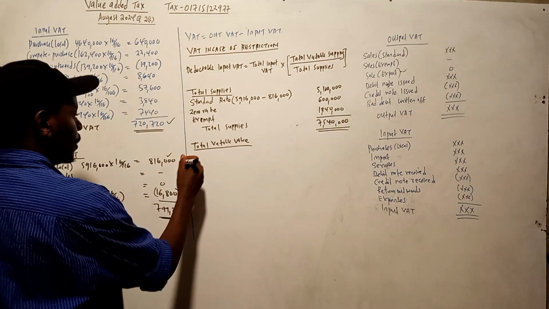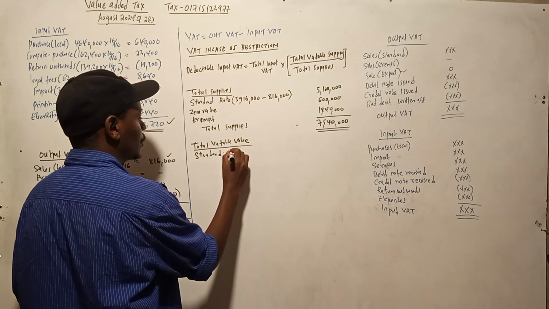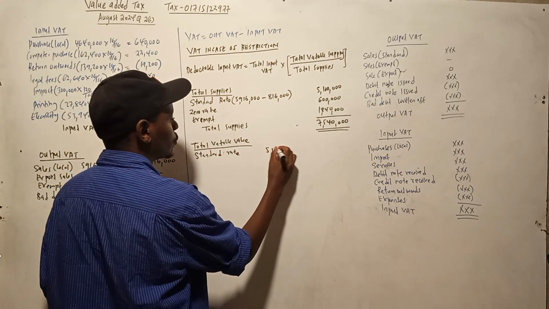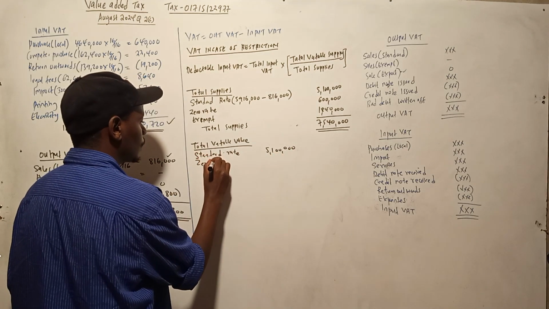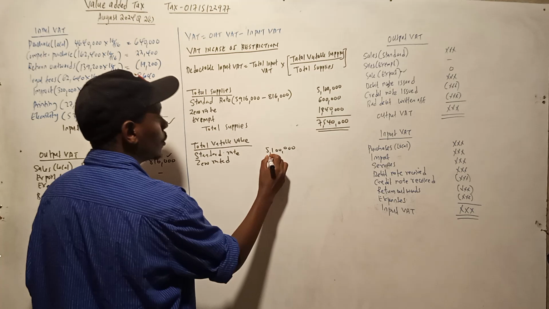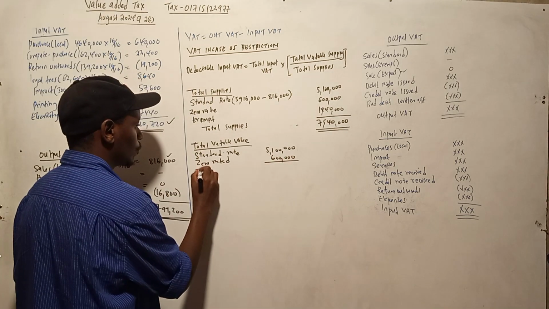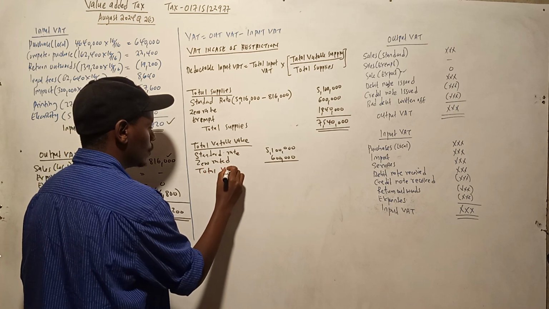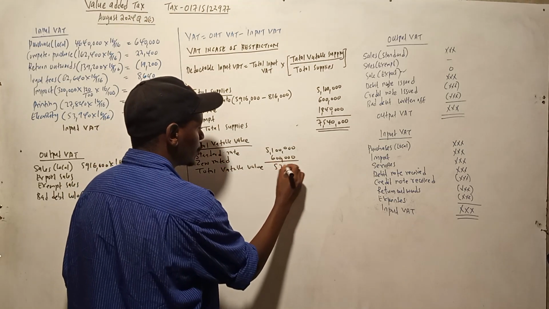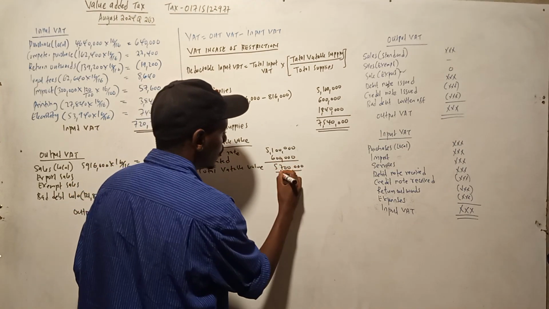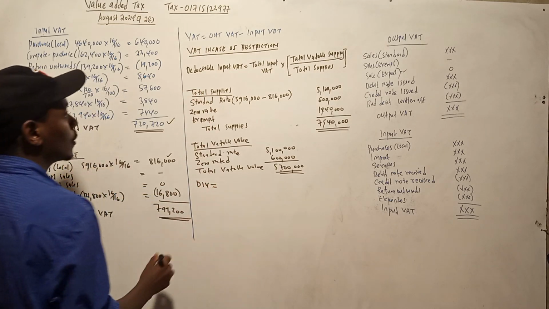So you pick the standard rate, which is 51,000,000 with the zero rated 600,000. That gives total vatable value 57,000,000.